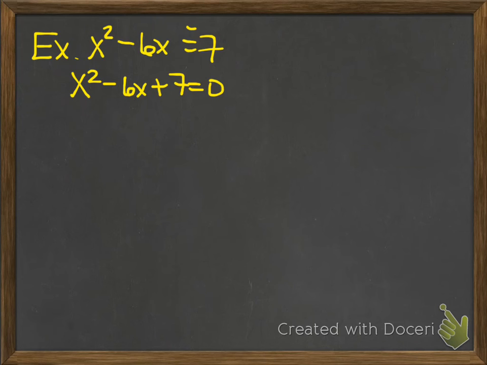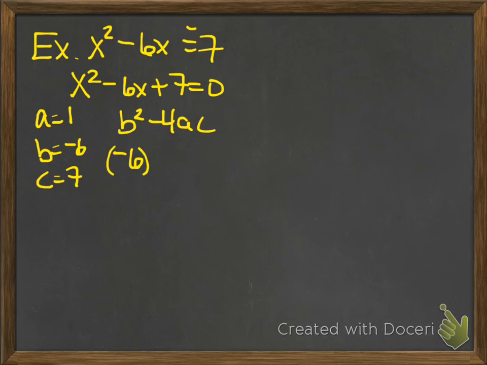What's A, what's B, what's C? 1, negative 6, and 7. Plug that into the b squared minus 4ac formula. So you'd end up with negative 6 squared minus 4 times 1 times 7. What do you get for an answer when you type those numbers into a calculator?